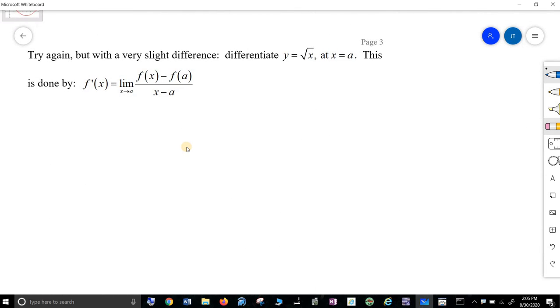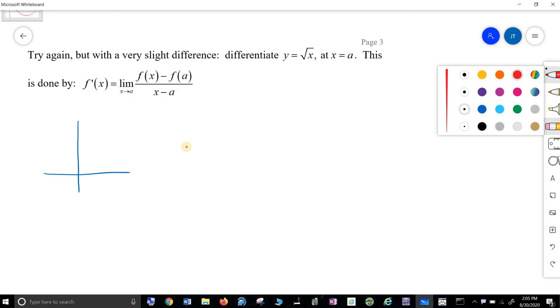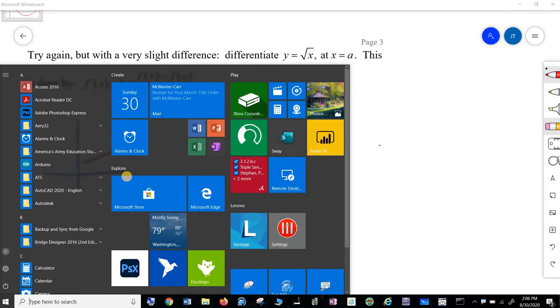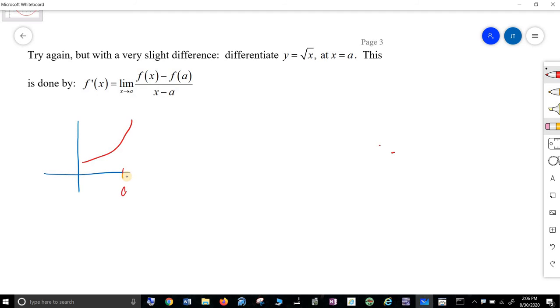So another way to find a derivative, think about this. Here's your function. Here is really a. So this point is a comma f of a. And then there's just some point over here, x comma f of x.